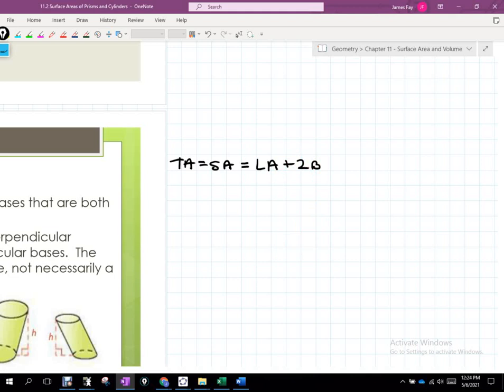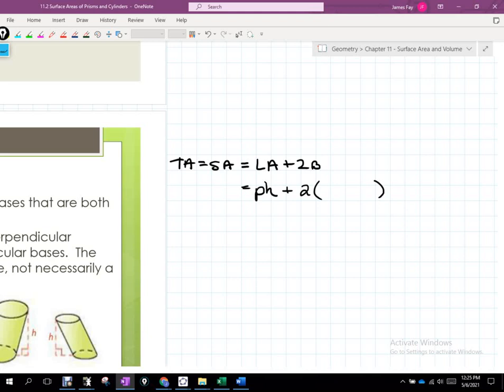Because think about what lateral area was. Lateral area was perimeter times height, right? Plus our 2B, and I'm just going to put parentheses right now for that. Let's go back to perimeter.